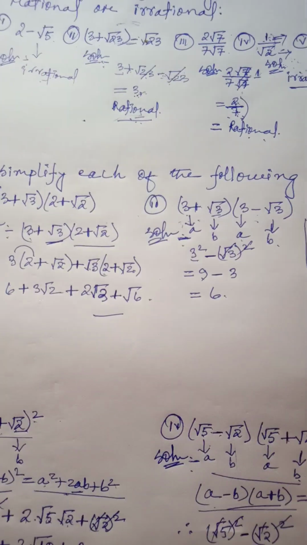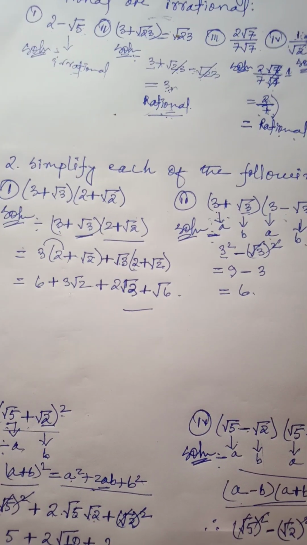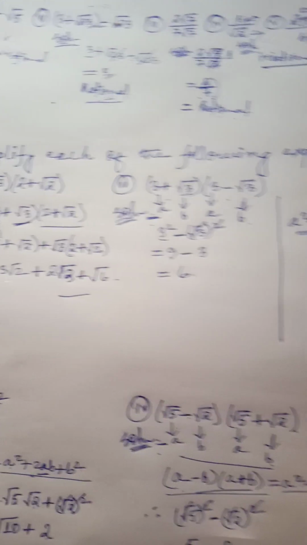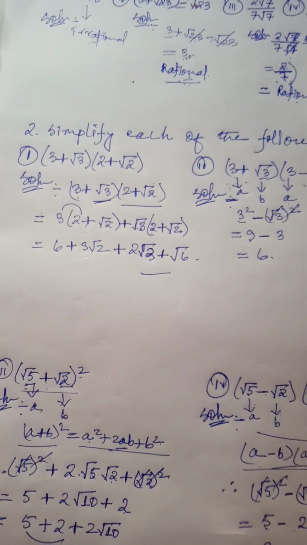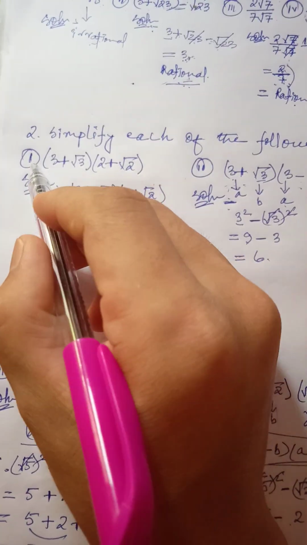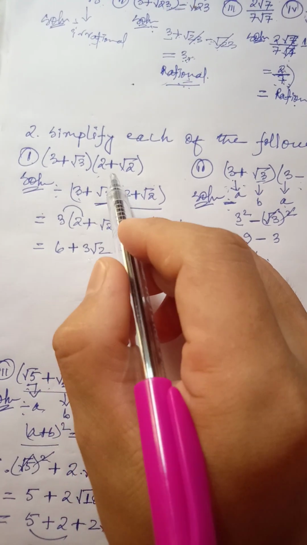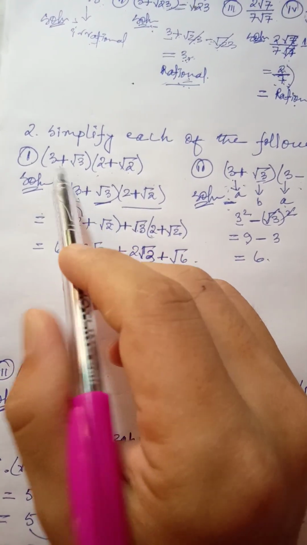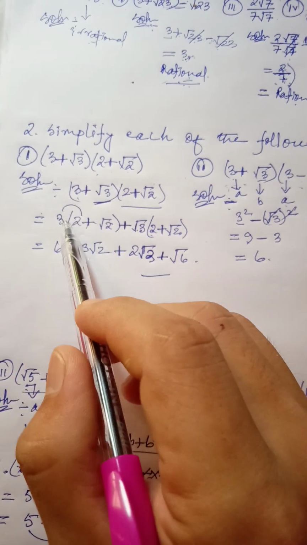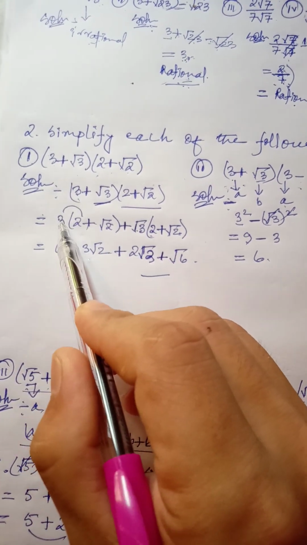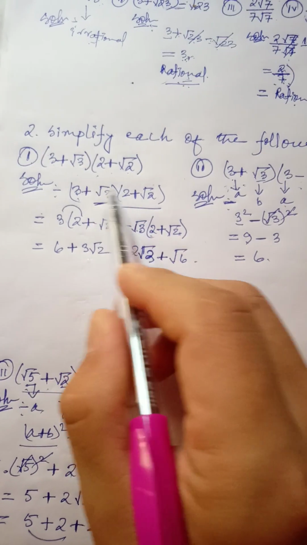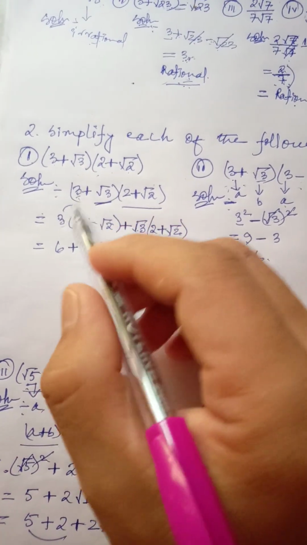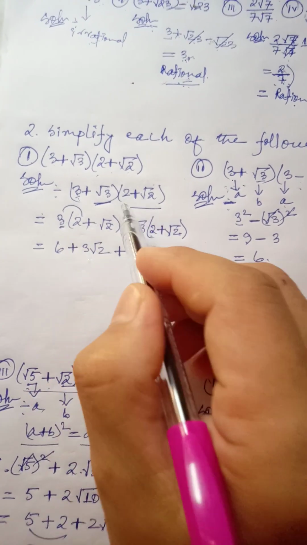Then let us move to the next question, question number 2. In question number 2 we have to simplify each of the following expressions. Let us discuss the first Roman number, that is 3 plus root 3 times 2 plus root 2. In order to solve this, let us take root 3 first and multiply it with this number.